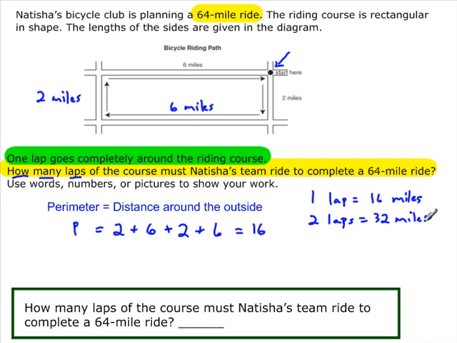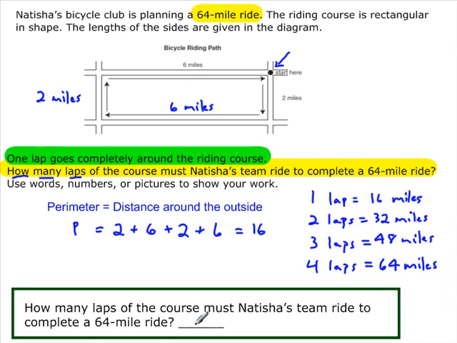Aha! You might recognize, or a student might recognize, that 32 is half of 64, so they might jump immediately to 4 laps, but if not, they could go 3 laps at another 16 miles. That's 48 miles. And then get to 4 laps, being 64 miles.